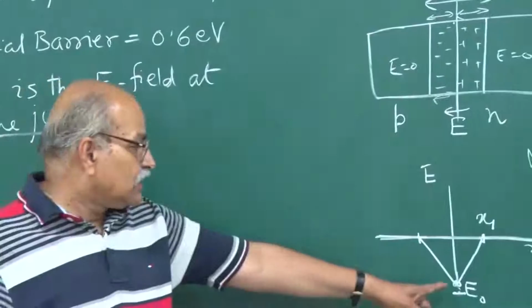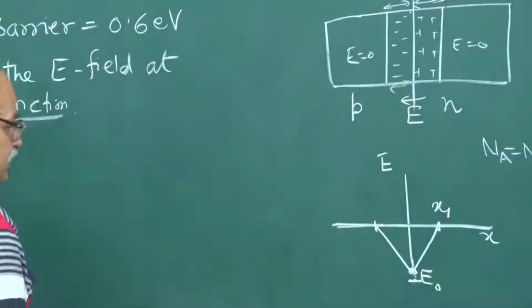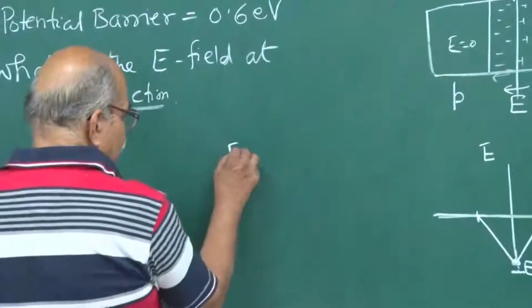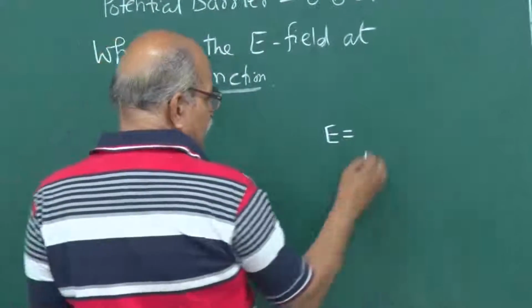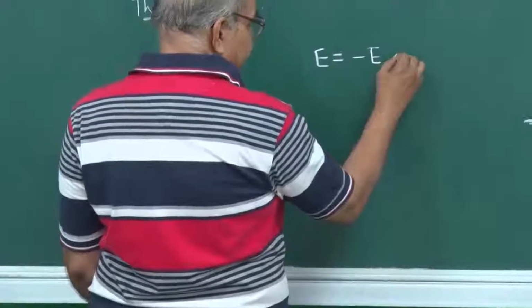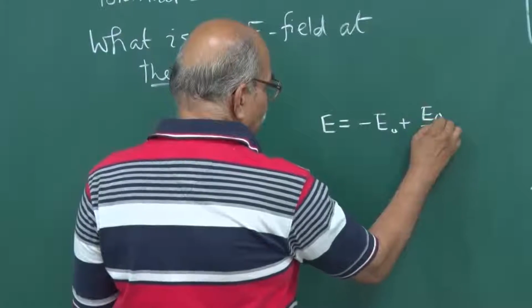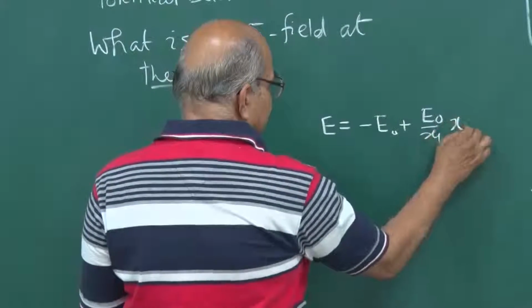What equation can I write for the electric field here? E equals minus E naught plus E naught over x1 times x.